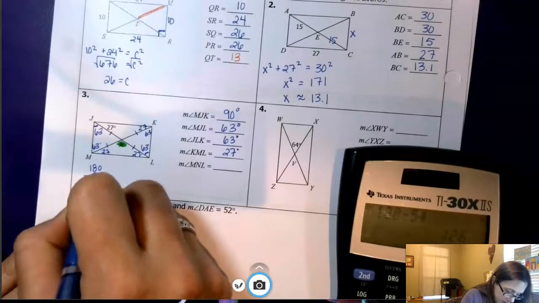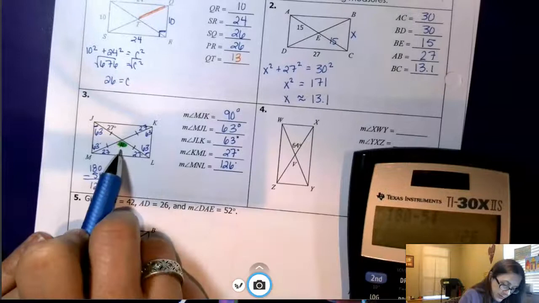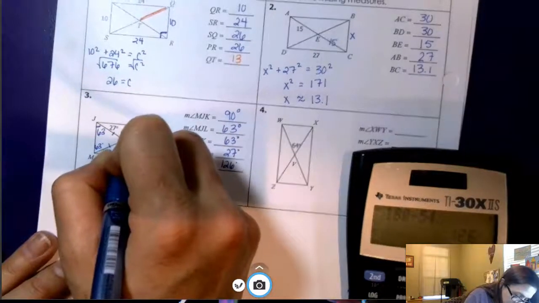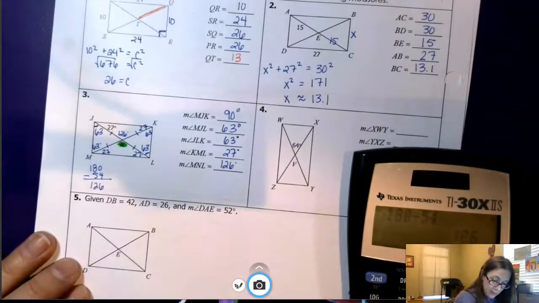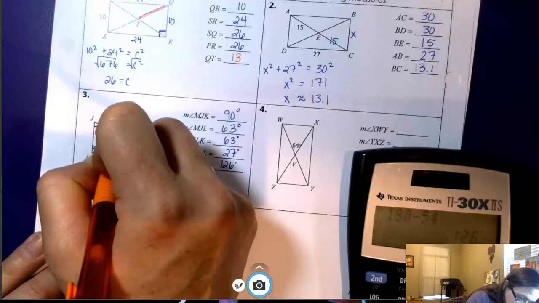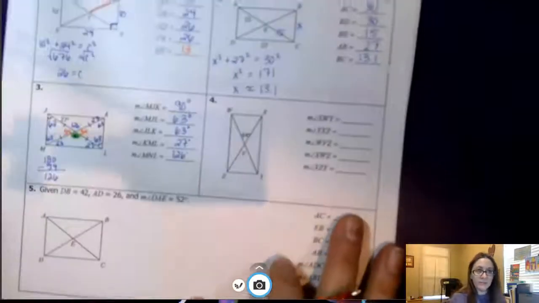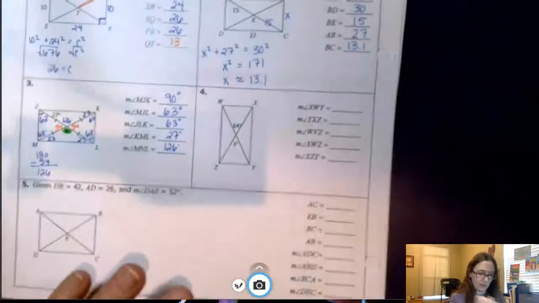I get 126. Well, if this is 126, this up here would be 126. And I could also subtract that from 180, and I would get this angle right here to be 54 and 54 because they're a linear pair. So there's lots of different ways you could do these. See if you can go ahead and work this one out on your own, and I'll give you the answers in just a moment.